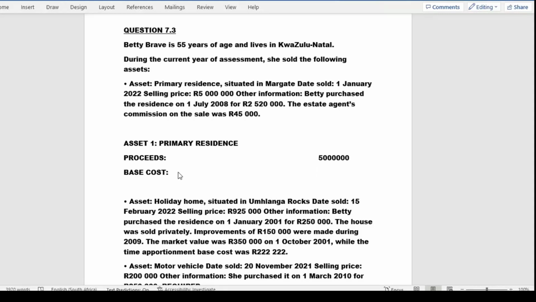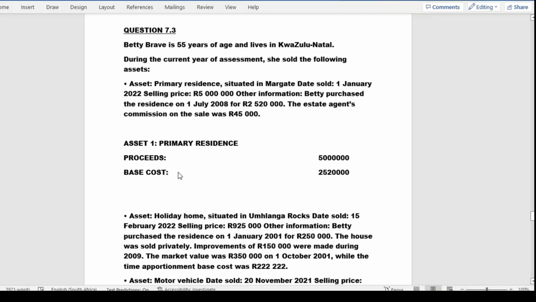And then your base cost will be 2,520,123. And there was an estate agent commission. How much was the amount? 45,000, right?